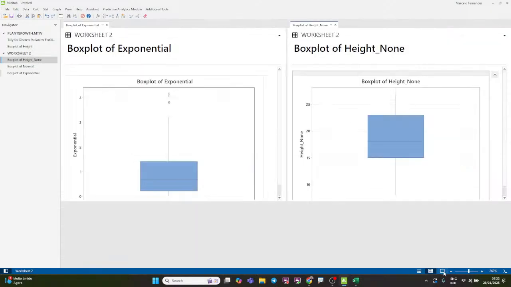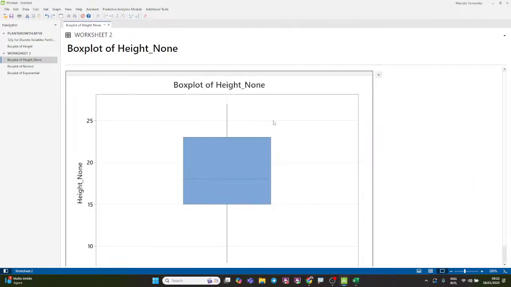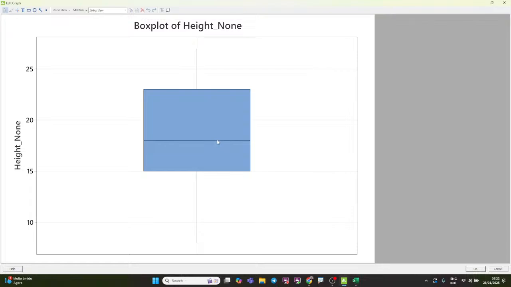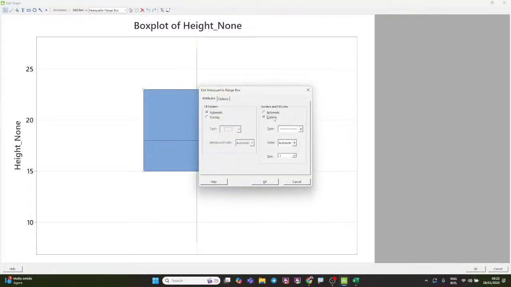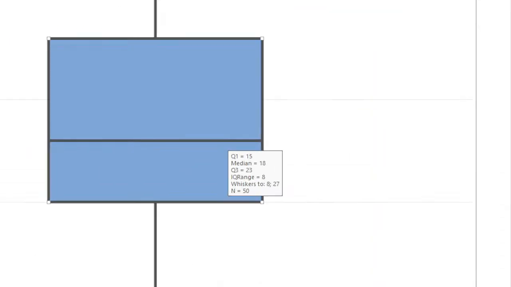So, first of all, what is this center line here? We call this Q2 or median.